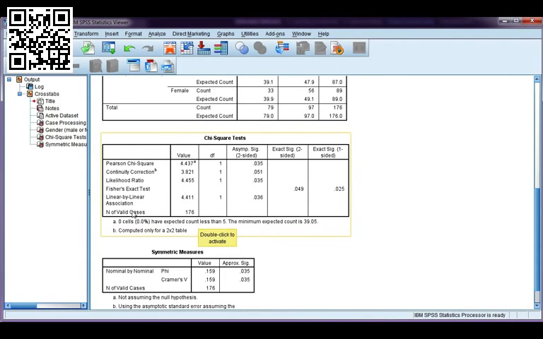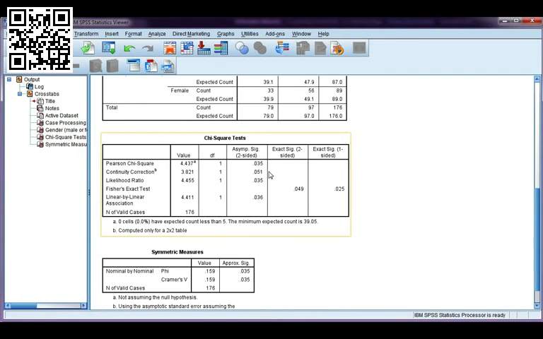Now, because this is okay, we're going to go up here and read the Pearson chi-squared value. It says 4.437. That's our chi-squared statistic. We have 1 degree of freedom, and this asymptotic significance is our p-value, or our significance value, and it's 0.035. Now, most of the time you're going to be testing at the 5% level of significance.